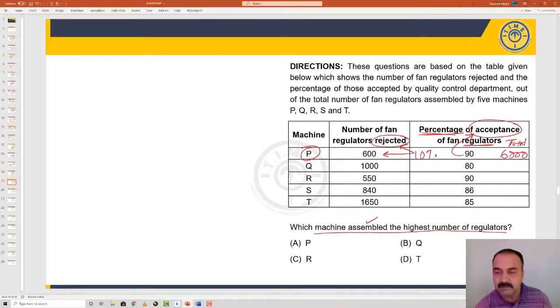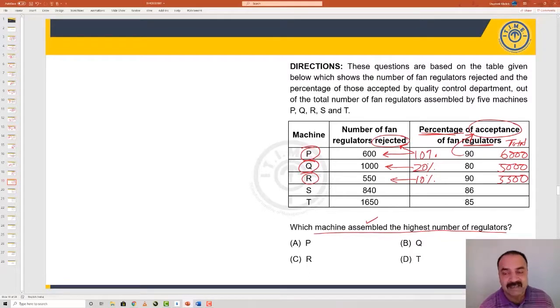If 80% is accepted for the next machine Q, 20% is rejected. So if 20% is 1000, then how much is 100%? 20% fives are 100%, therefore 1000 fives is 5000. If 90% is accepted for machine R, 10% is rejected. So 10% is 550, therefore 100%, the total it must have worked on, is 5500.